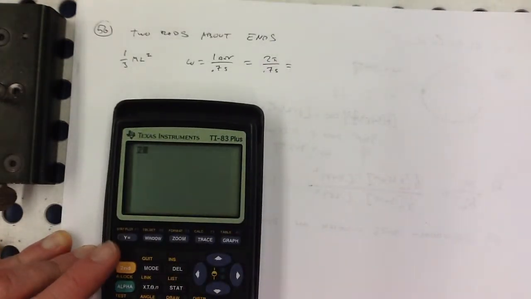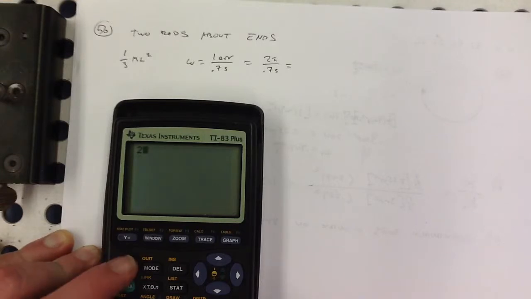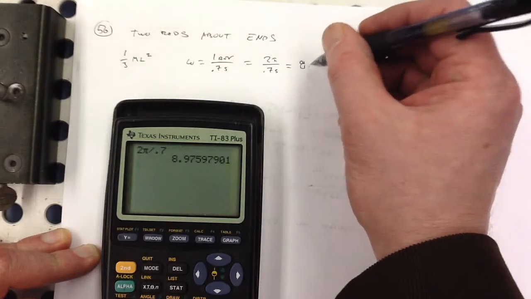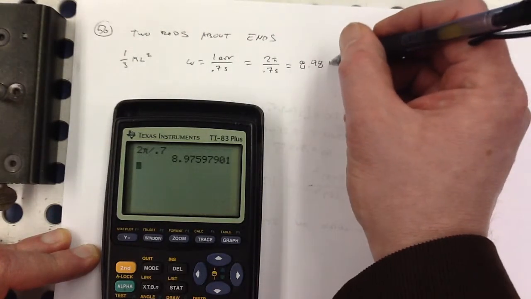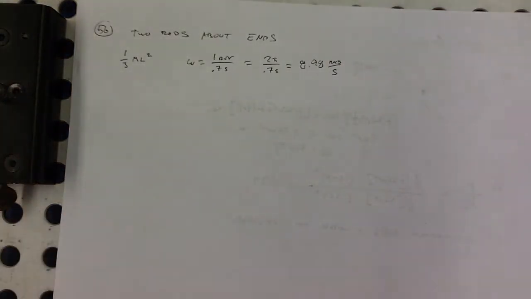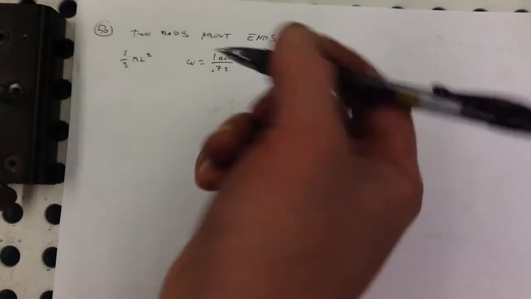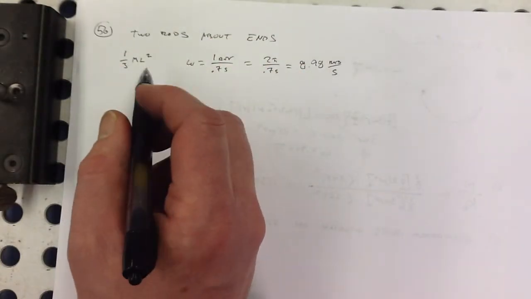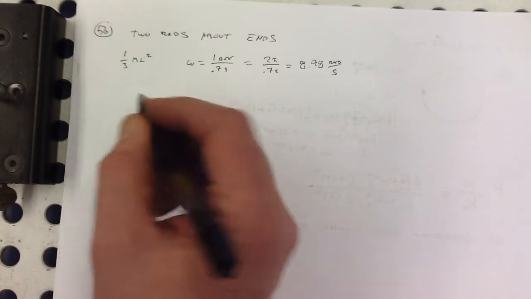So that's 2 pi divided by 0.7. That's about 8.98 radians per second. So if I wanted to find the total angular momentum of the arms, assuming that they're rotating in the same direction, which is not really clear in the problem, but I'm going to assume that they are, that would be the most effective way of doing this.